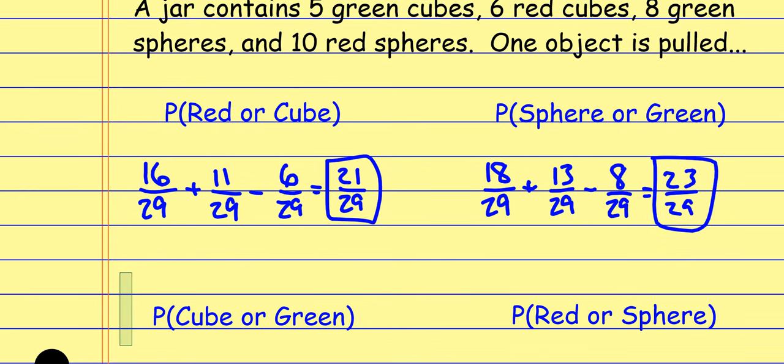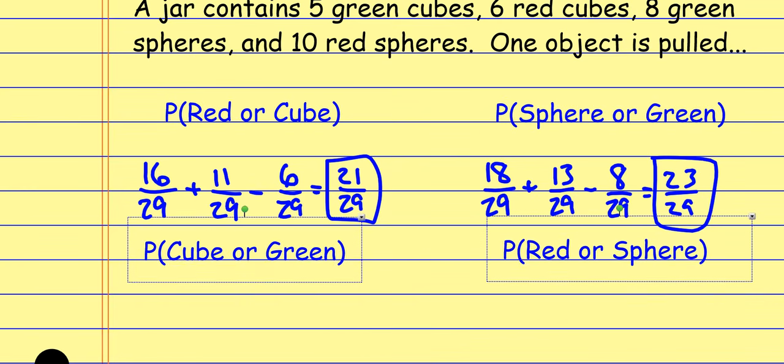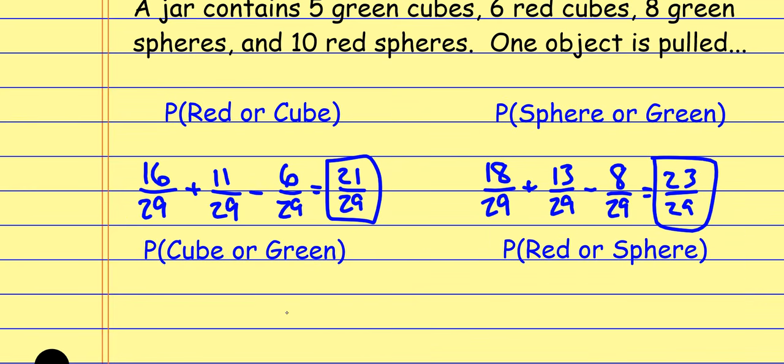These guys, let me scoot these up so we can still read the question as we do these. So this one, the cubes, there are 11 cubes out of 29. Or means we add, once again, the green objects, that is 13 out of 29.